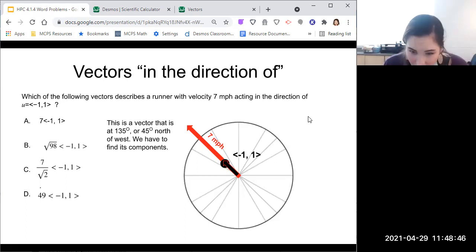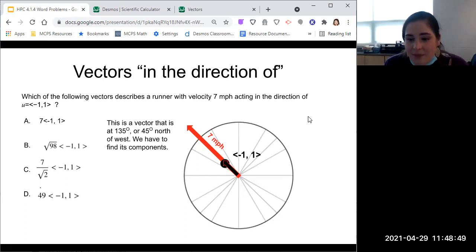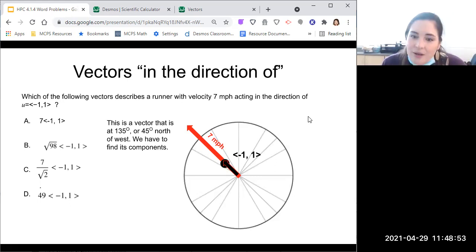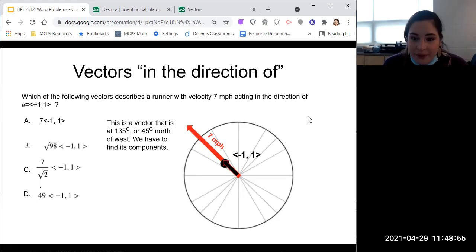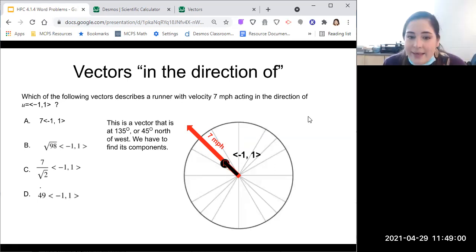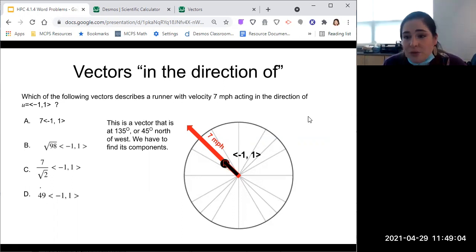And -1, 1, if you think about what that point is on the coordinate plane, it's in quadrant 2, right? It's northwest of the origin, okay? And it's at a 135-degree angle, or you could say 45 degrees north of west, or a 45-degree reference angle, okay?